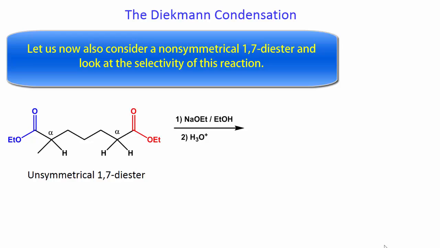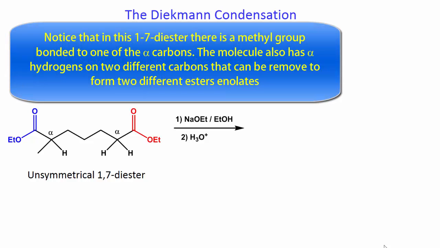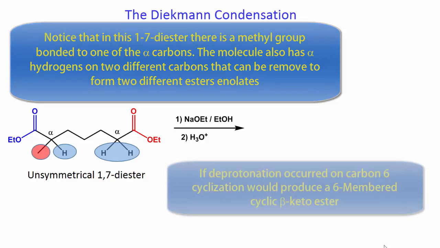Let us now also consider a non-symmetrical 1,7 diester and look at the selectivity of this reaction. Notice that in this 1,7 diester there is a methyl group bonded to one of the alpha carbons. The molecule also has alpha hydrogens on 2 different carbons that can be removed to form 2 different ester enolates.